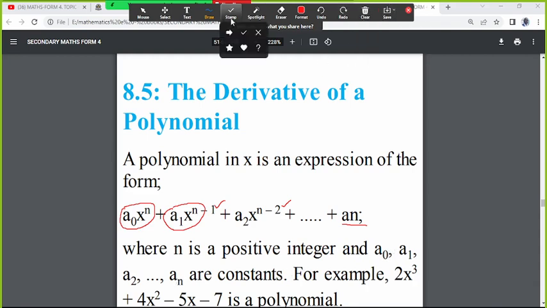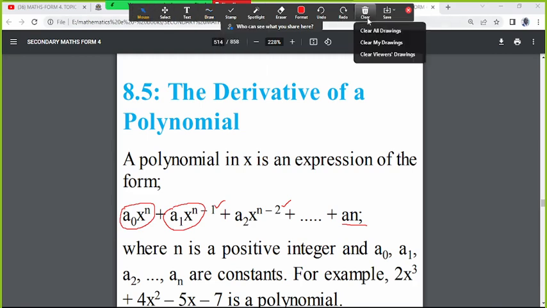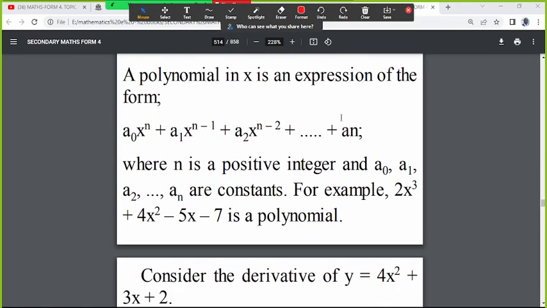For example, an example of a polynomial is this one: y is equal to 2x cubed plus 4x squared minus 5x minus 7.